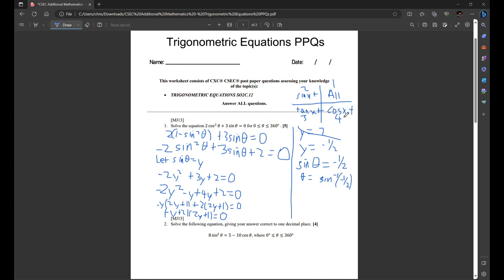So the way you're going to do that is you're going to say, okay, if my reference angle is in the first quadrant, so I have an angle right here, and I add 180 degrees to it, I'm going to end up with an angle in the third quadrant. And if I subtract this angle from 180, I end up with an angle in the second quadrant.